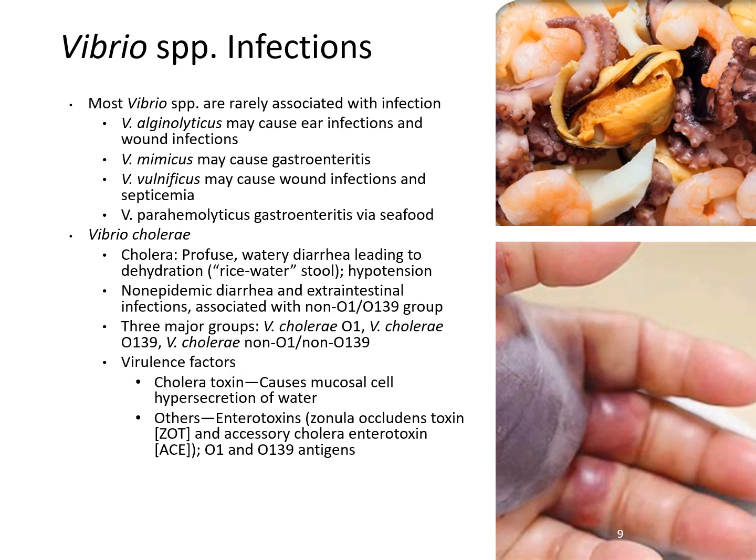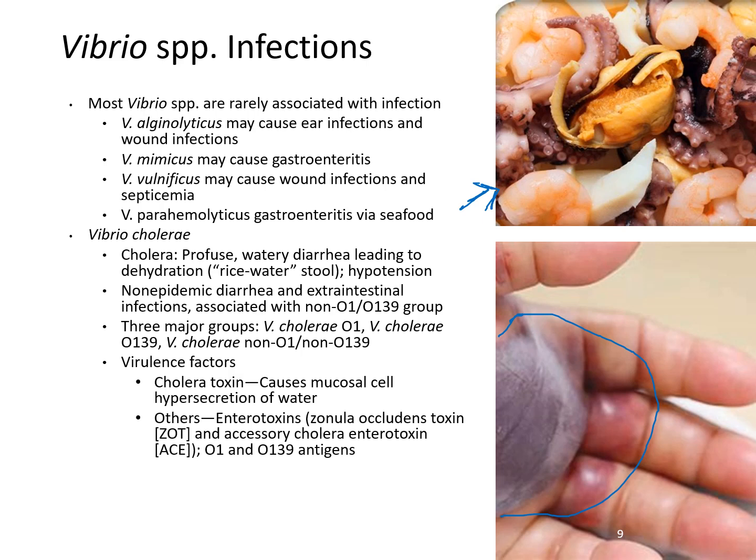So for example, ear infections, wound infections, gastroenteritis, and then you can also have Vibrio parahaemolyticus, which causes a gastrointestinal type infection through consumption of seafood. So you can see a picture here of that seafood. And of course this would be a type of a skin infection here.